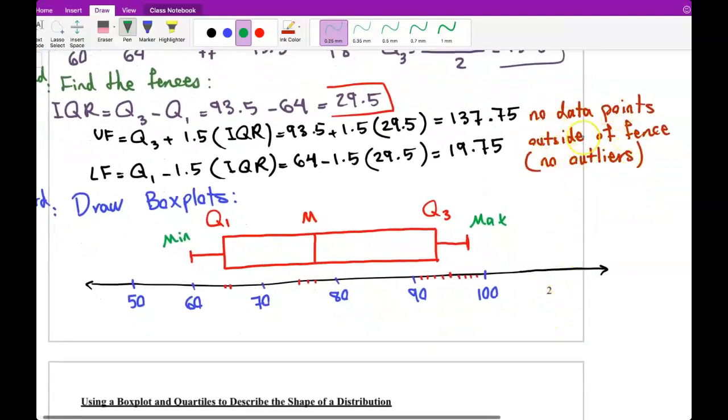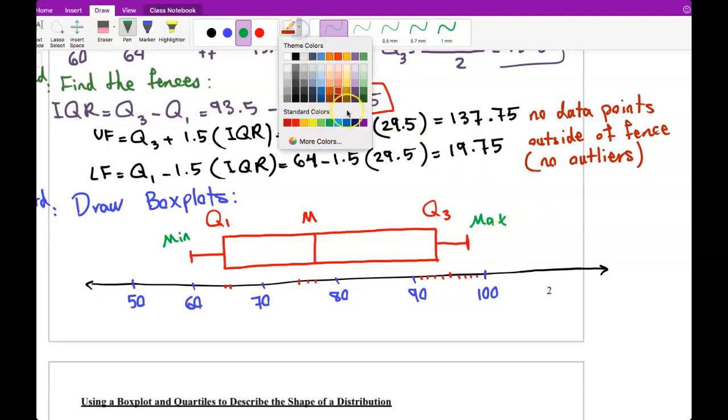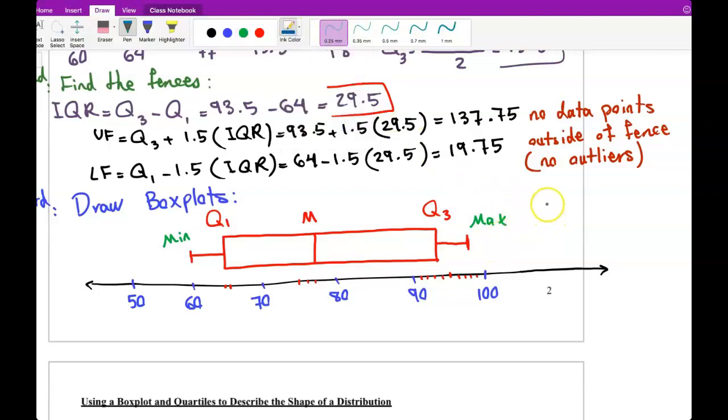Okay, here I said that we don't have outliers because no data points are outside of our fences. And that's why we don't need to draw our lower fence and upper fence. No need to graph.